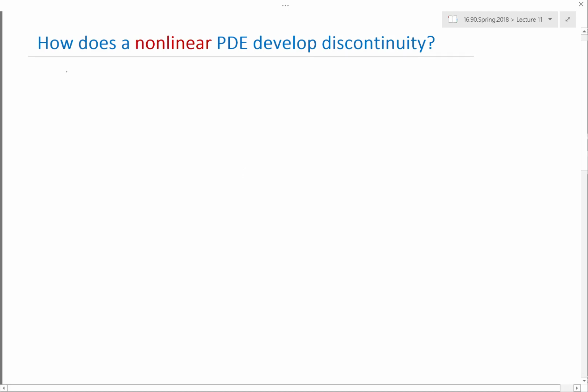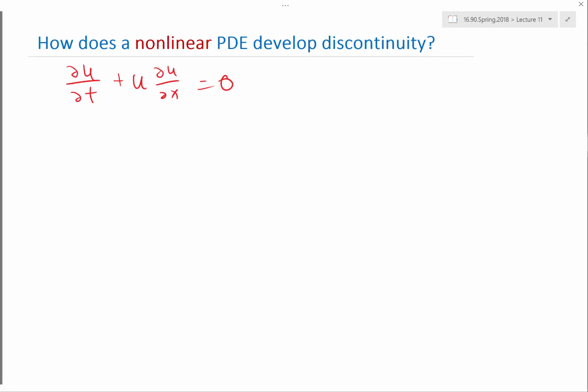So let's analyze a little bit more about how this particular equation develops this discontinuity. In particular, we have previously used the characteristics to analyze the behavior of the solution. Does that still hold over here?